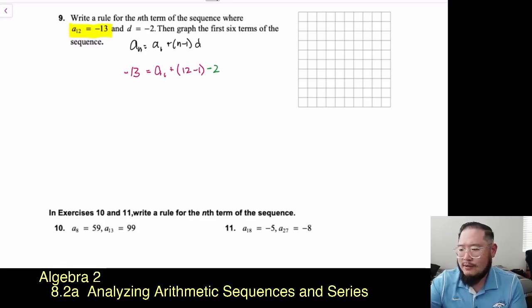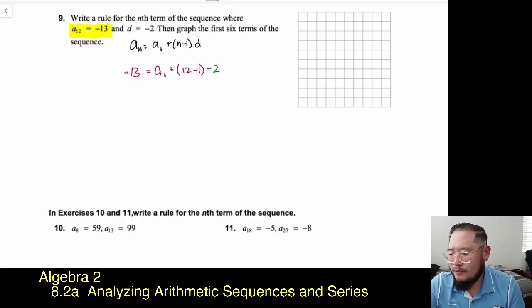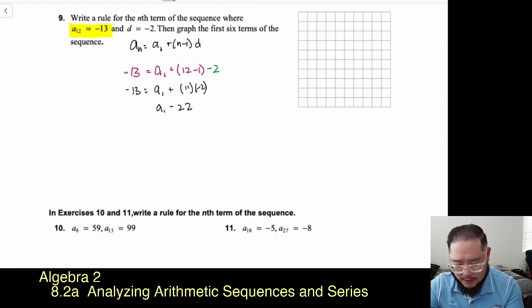Now, negative 13 is equal to a sub 1 plus, we got 12 minus 1 is 11 times negative 2. And then 11 times negative 2, that'll get us negative 22. And then we can simply add 22 to both sides.